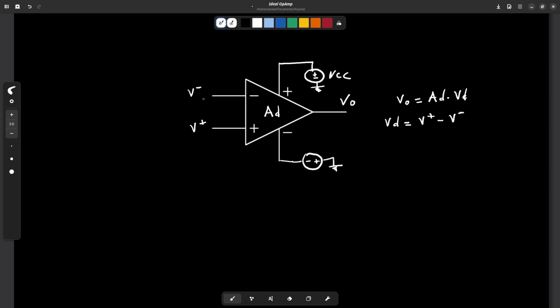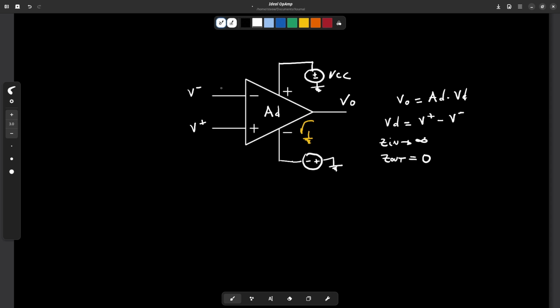Okay, the input impedance of the amplifier tends to infinite. The output impedance, which is the impedance from the output port to ground, equals 0.